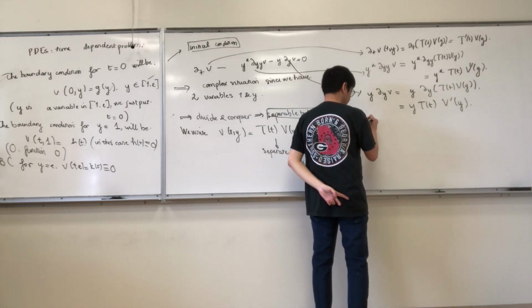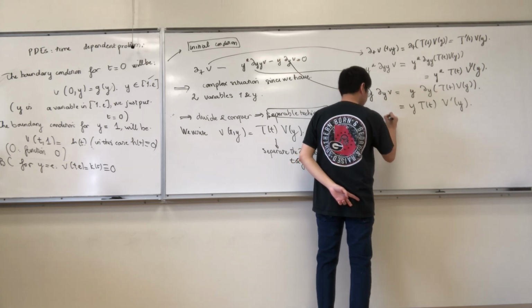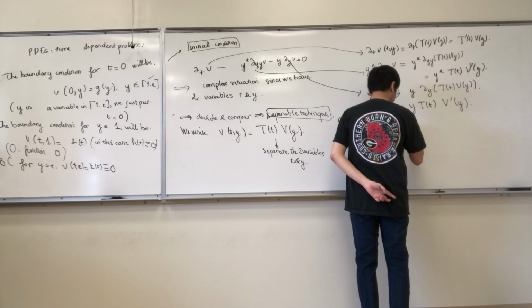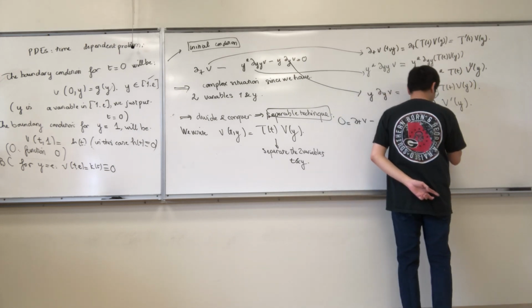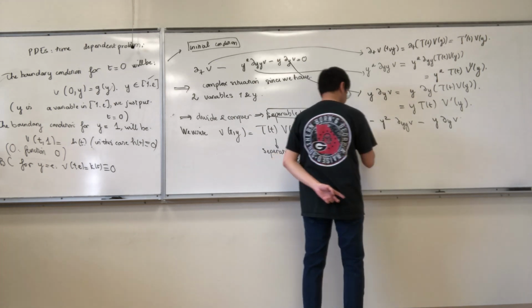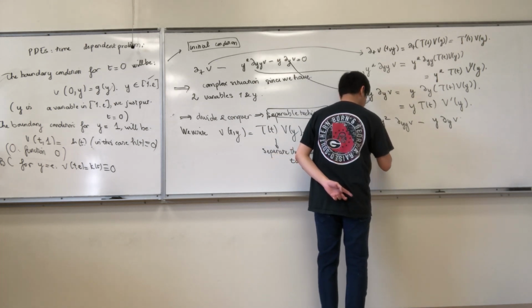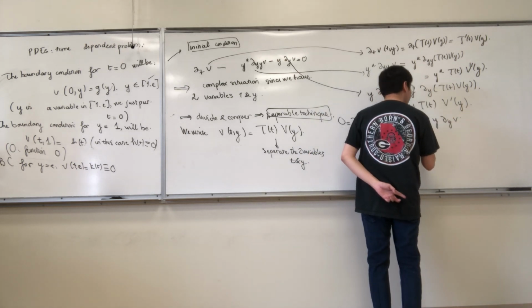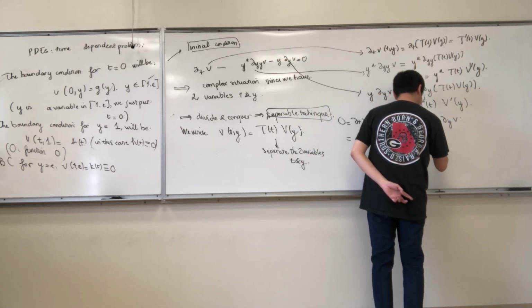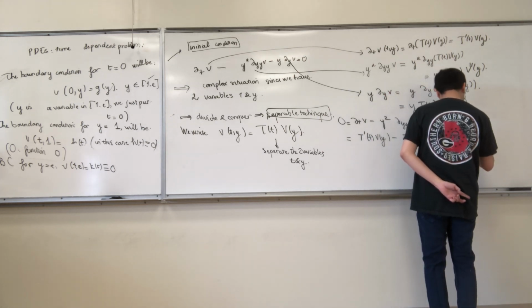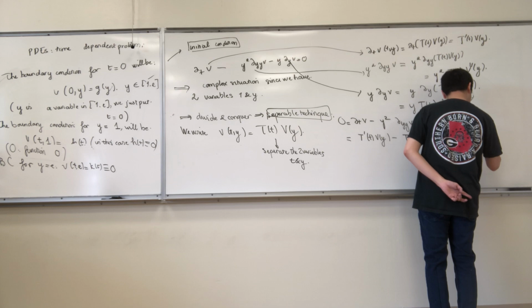So dt of v minus y squared d_yy of v minus y dy of v is equal to 0. This gives me T prime V(y) minus T y squared V second of y minus T y V prime of y.